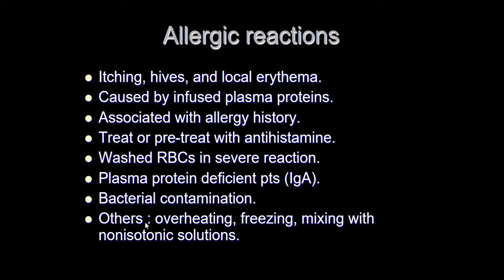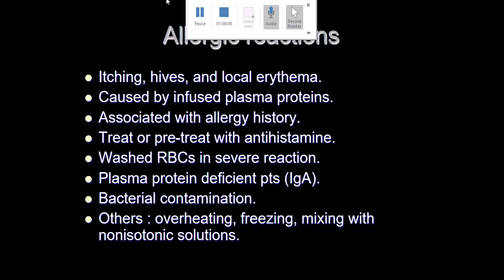Or sometimes you could have other causes, for example, if the unit is stored in an inappropriate place, so overheating and hemolysis has taken place, or freezing sometimes, or mixing with isotonic solutions caused hemolysis. Sometimes this could cause these types of allergic reactions.